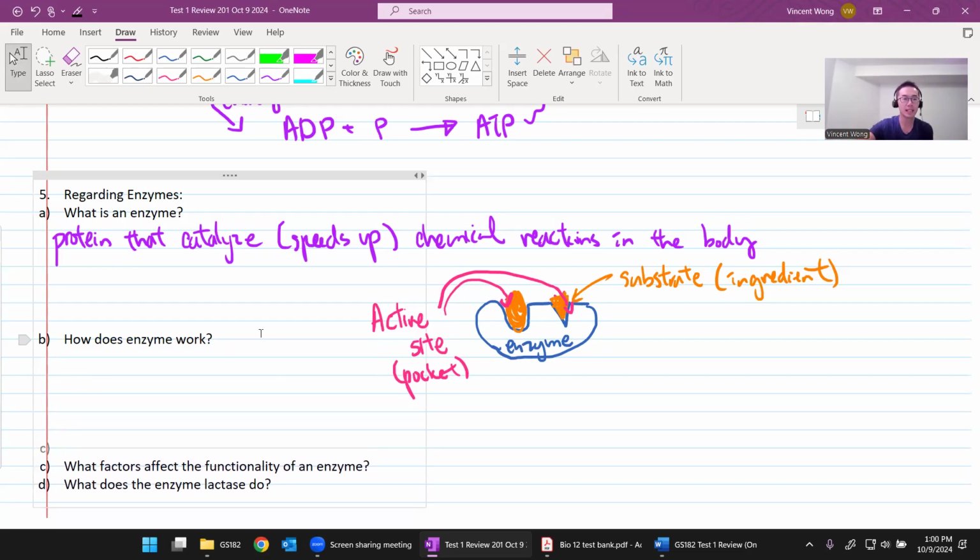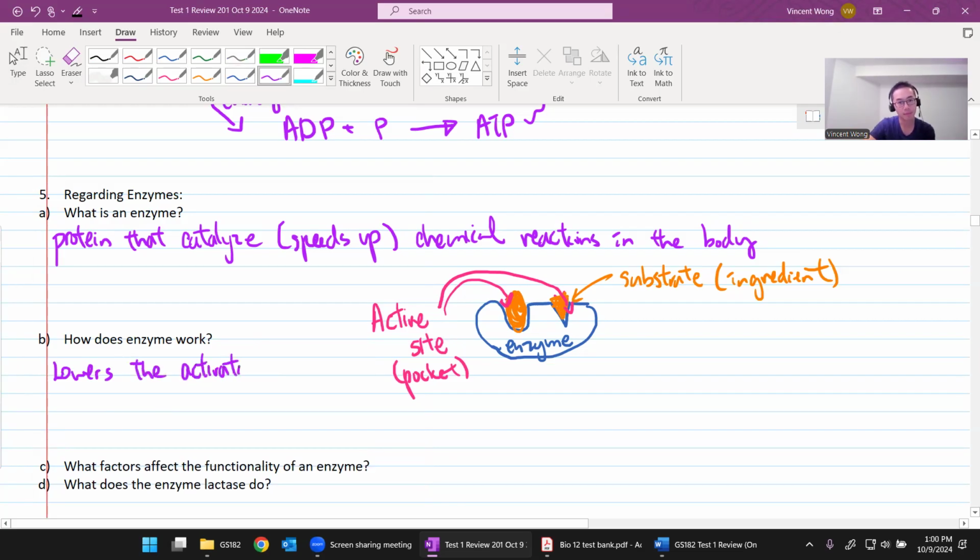How does an enzyme work? An enzyme works by lowering the activation energy. Activation energy is the energy required for a reaction to occur.